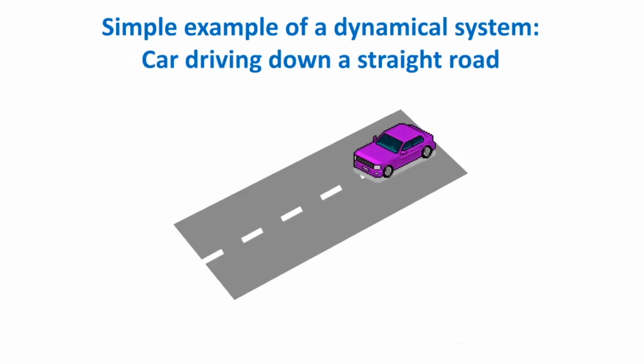Now a really simple example of how this data redundancy happens is if we have some form of dynamical system, and a really simple example would be a car driving down a straight road, right? Imagine you're in Texas and the road just goes 100 miles straight and the car moves on that road.